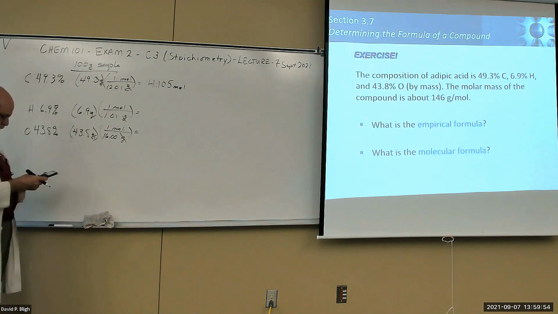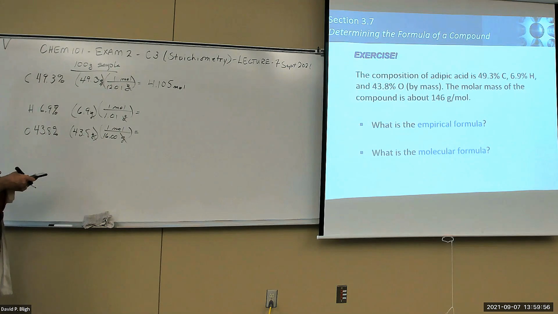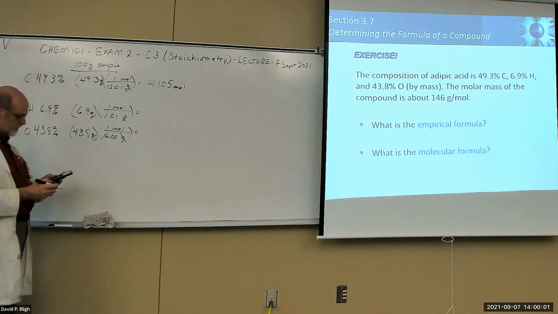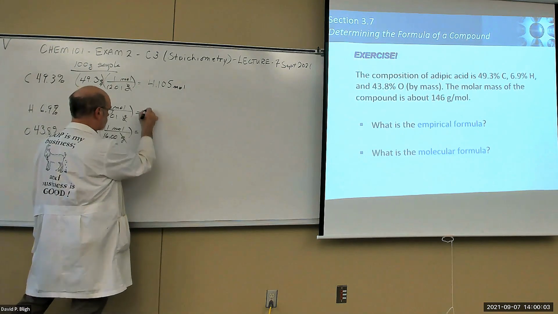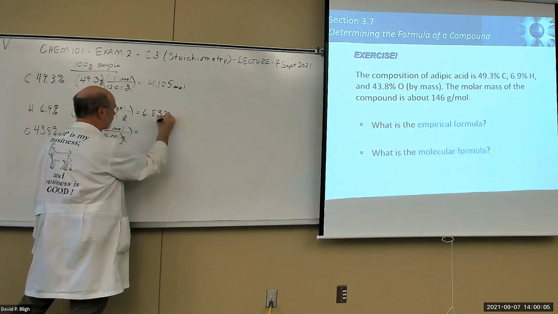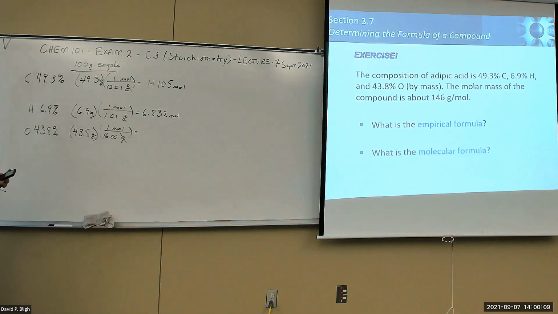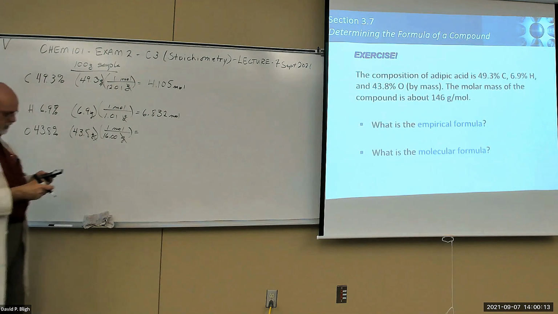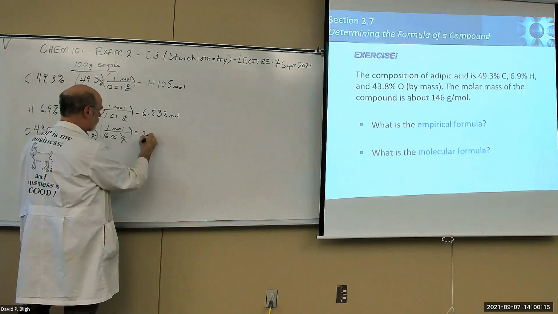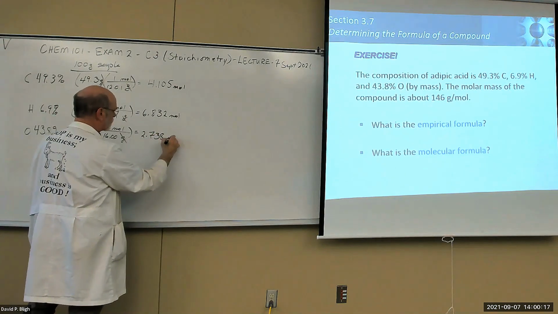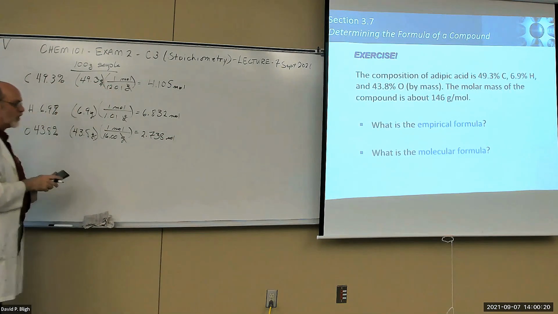And this one is 6.9 divided by 1.01, which is 6.832. And this one is 43.8 divided by 16, which is 2.738.